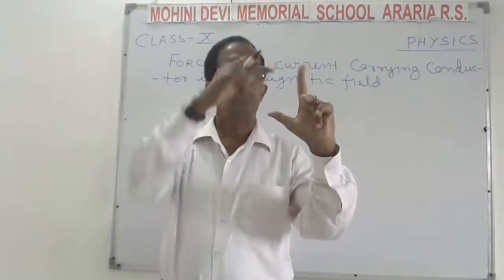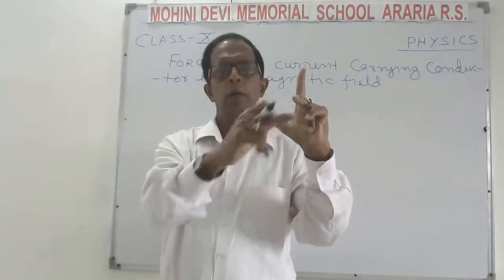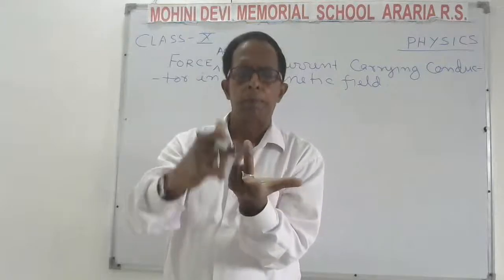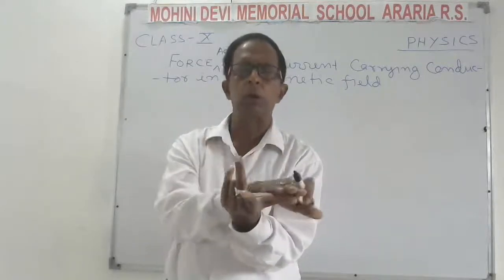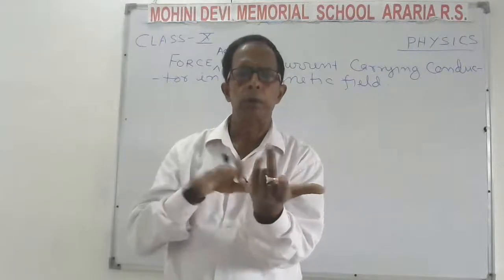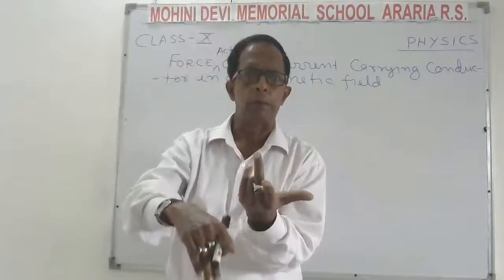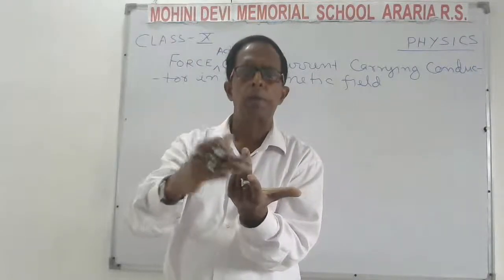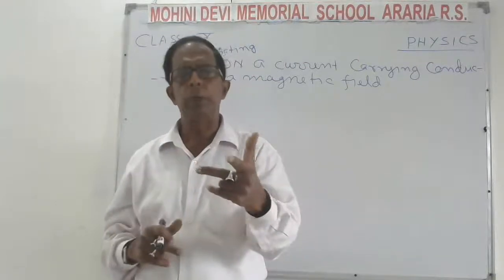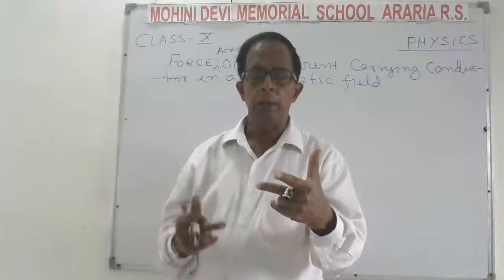Like this forefinger is perpendicular on thumb and the middle finger, and the middle finger is perpendicular on this horizontal plane because the thumb and the forefinger is in horizontal plane and the middle finger is vertical, so it is perpendicular on the both.